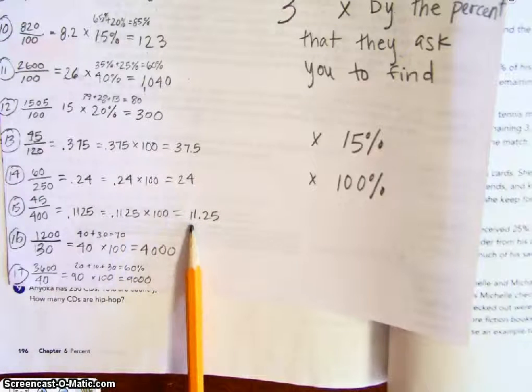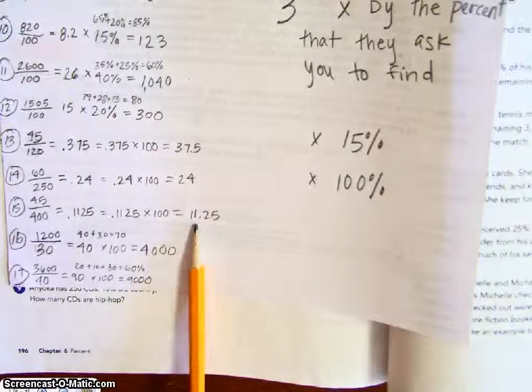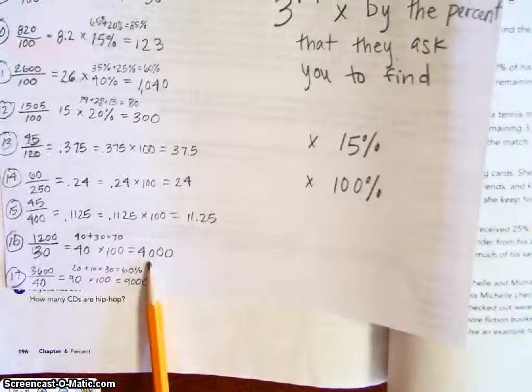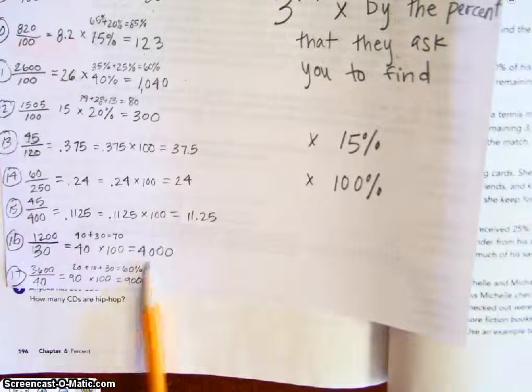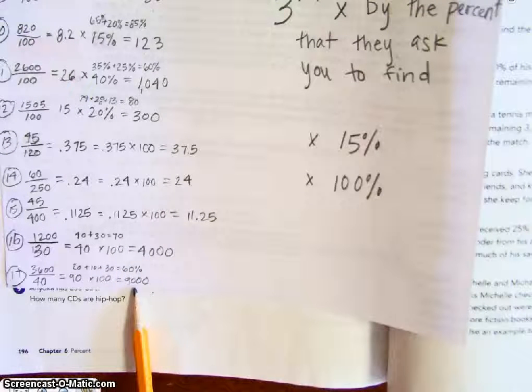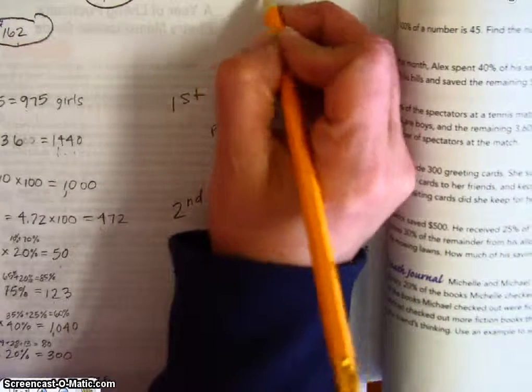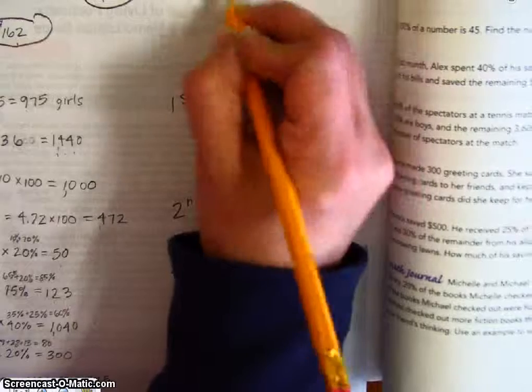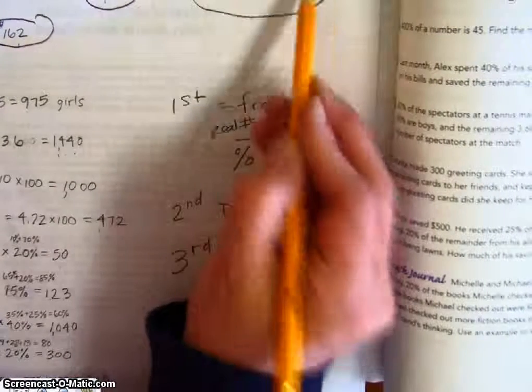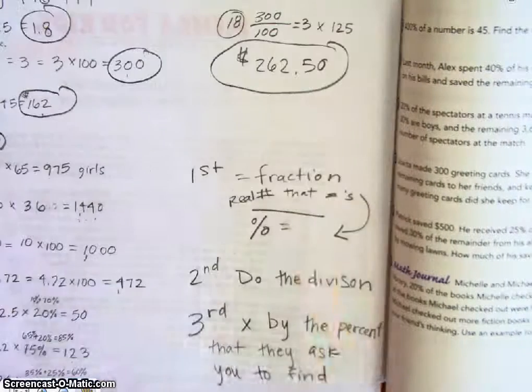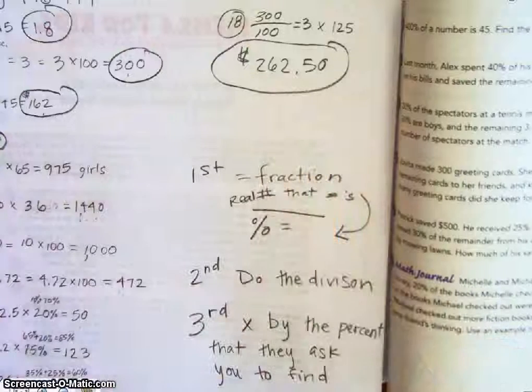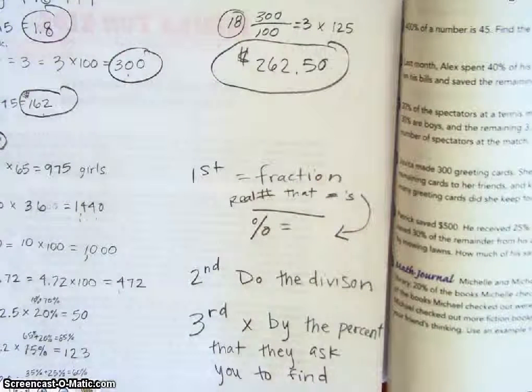Number 15 is 11.25. Number 16 is $4,000. Number 17 is $9,000. And number 18 is going to be $262.50 right there.